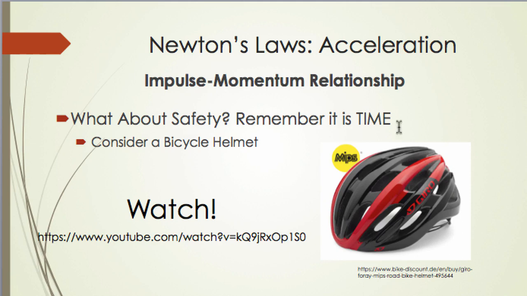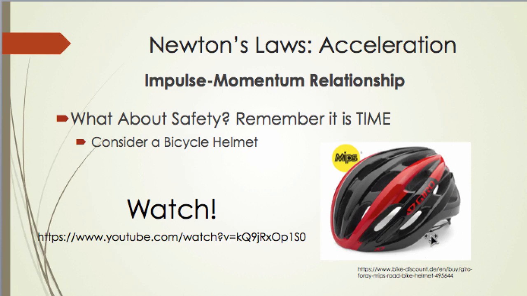So here, the helmet essentially increases the impulse-momentum time, right? It increases the length of time the impulse is taking place, or the load is taking place to the head, right? If we're not using a helmet, we're going to hit the ground with our noggin and experience the blow instantaneously.